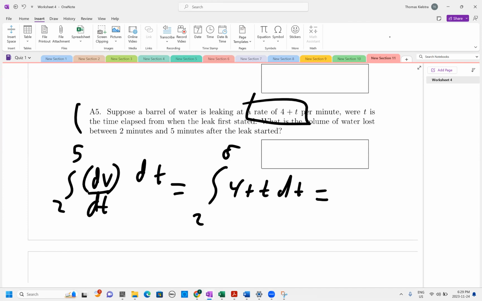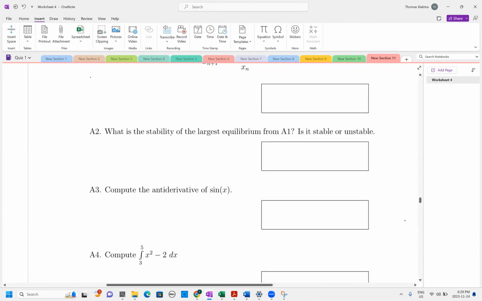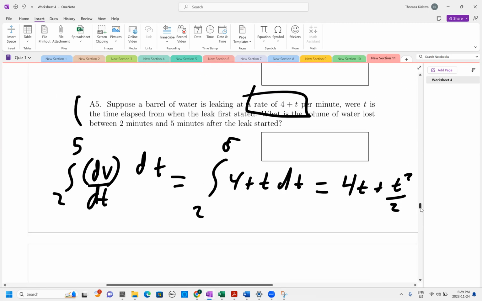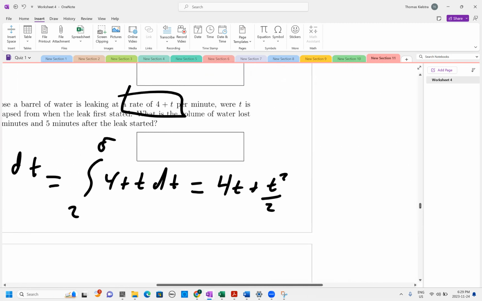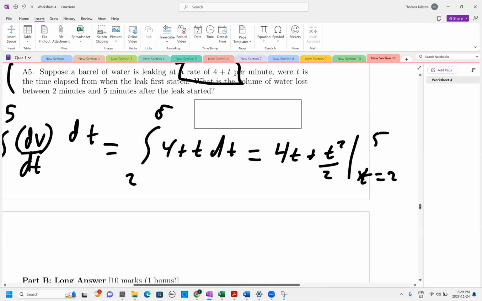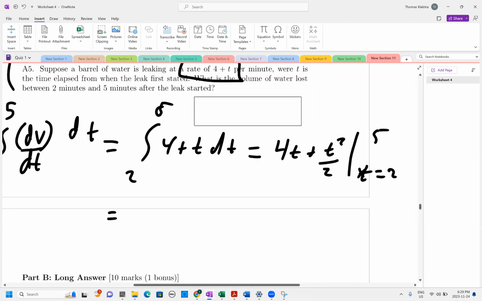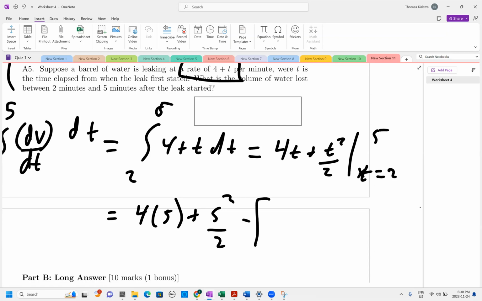Or 4t plus t squared over 2 evaluated from t equaling 2 to 5. And if we plug this in, we get 4 times 5 plus 5 squared over 2 minus 4 times 2 plus 2 squared over 2.